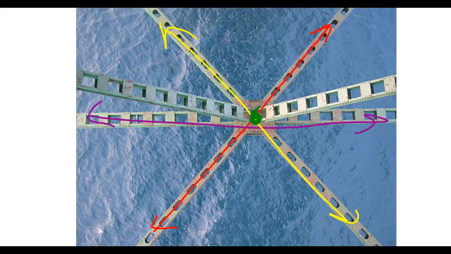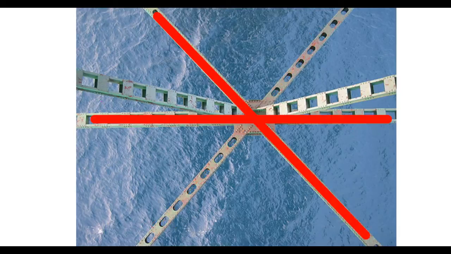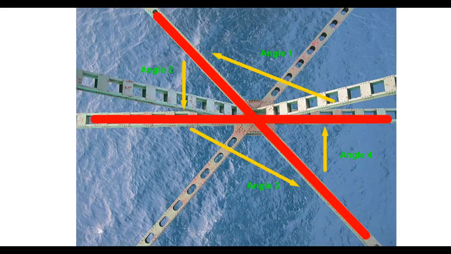come together. And so if we chose two of those lines, just those two that are now highlighted in red, and we ignored all of the other girders that are there, we can see that there are basically four angles that are created. We have angle 1, which goes from that ray.